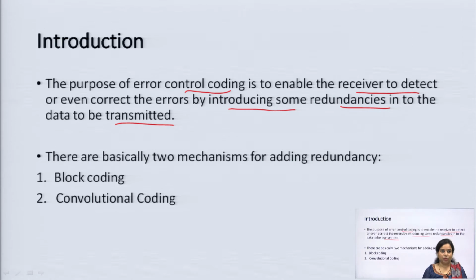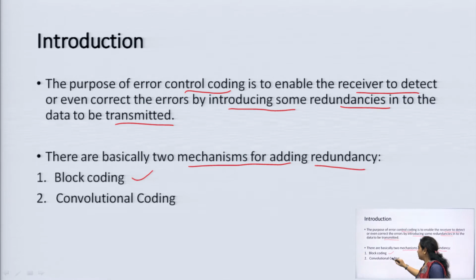The main purpose is to correct the error so that the original information that you want to transmit will not be wasted. There are basically two types of procedures for adding the redundancy bits. First is block coding, and second is convolution coding.